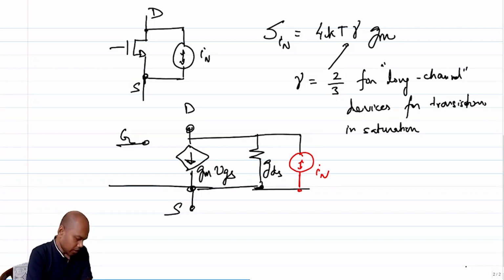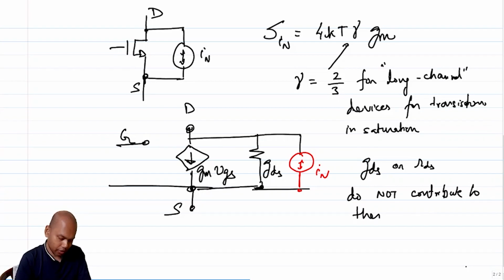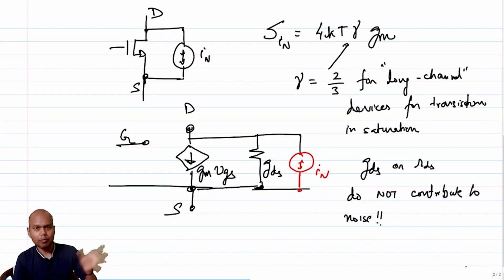Okay. An important aspect to note is that GDS or RDS do not contribute to thermal noise or any noise for that matter. The reason being GDS and RDS are not physical resistors, they are model resistors, right? They are a mathematical construct, a mathematical model that has been designed to help us analyze a circuit.